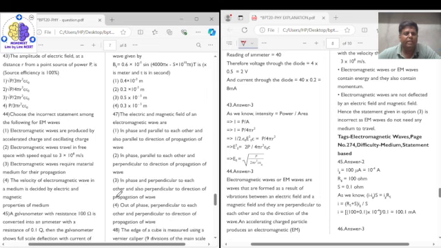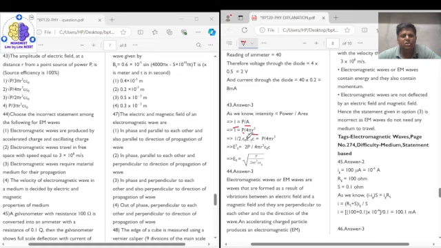Question number 43 says that the amplitude of the electric field at a distance r from a point source of power P is? So see, intensity equals power upon area. So power P, area equals 4 pi r square, right?